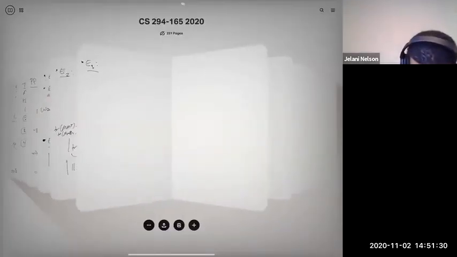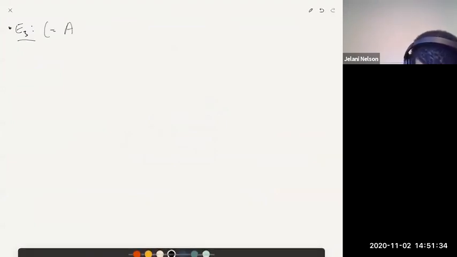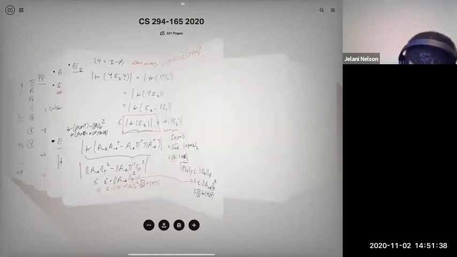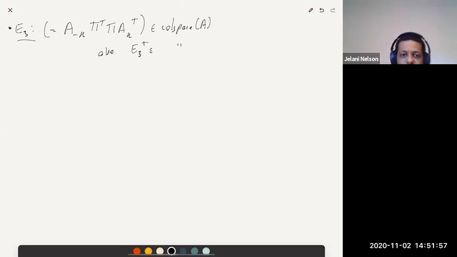E3 is equal to, was it minus K or K? Minus K. A minus K Pi transpose Pi AK transpose is in the column space of A. Also, E3 transpose is also in the column space of A.